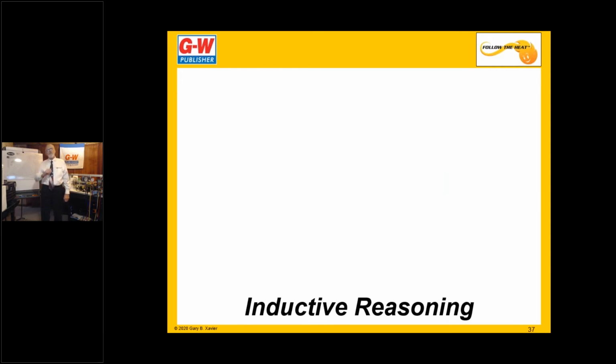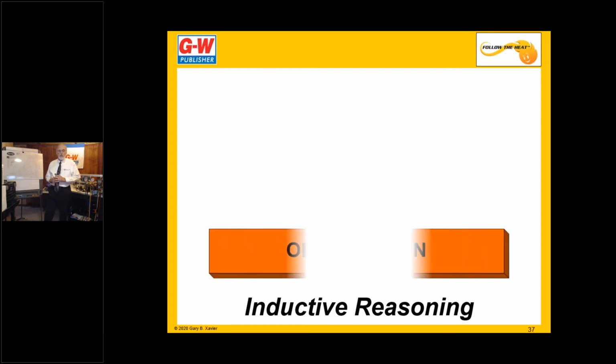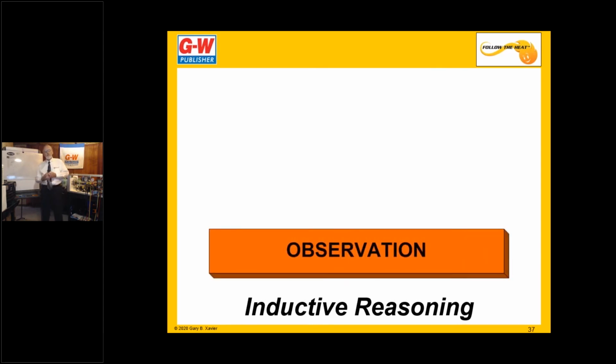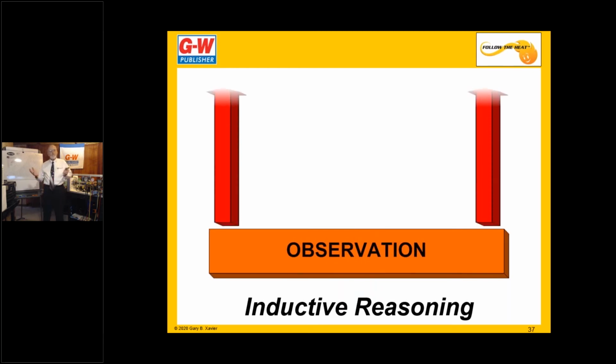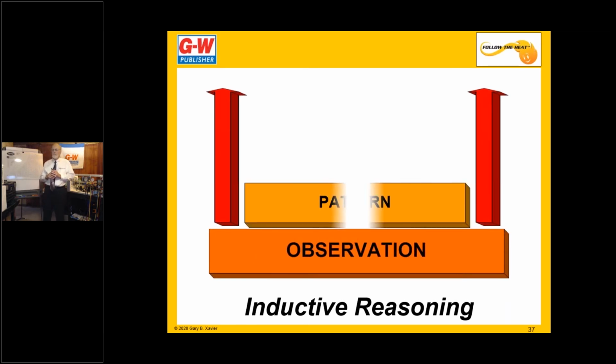So inductive reasoning starts with observation, which is where I started my 5 steps. Observation. So we start with observation and work our way to a conclusion. We establish a pattern. We talked about that. Step number 3 in my 5 steps.